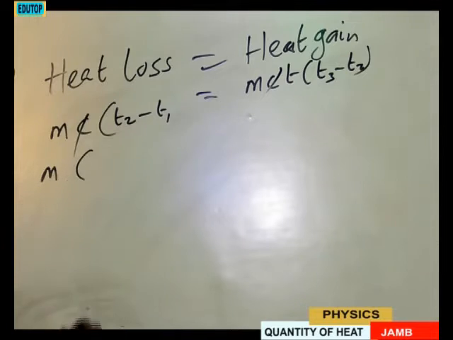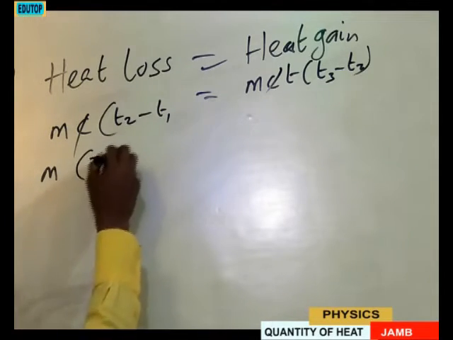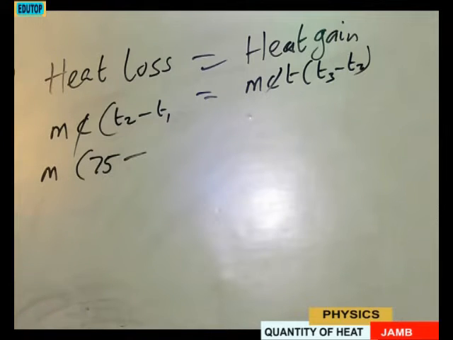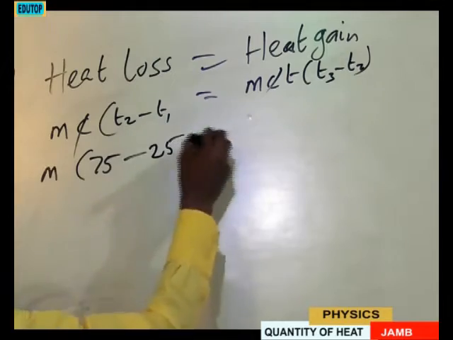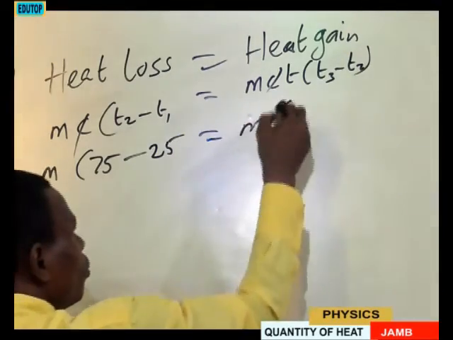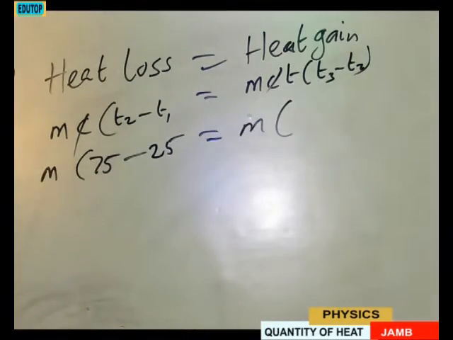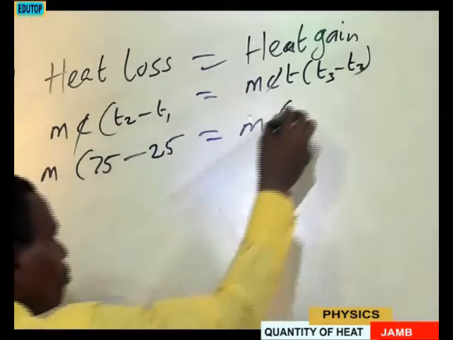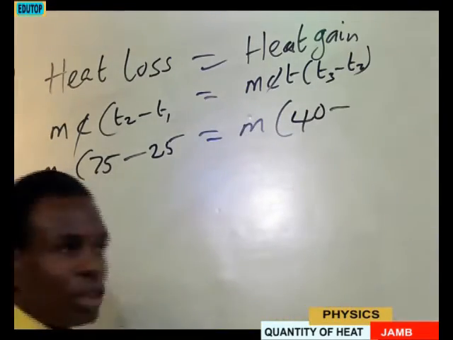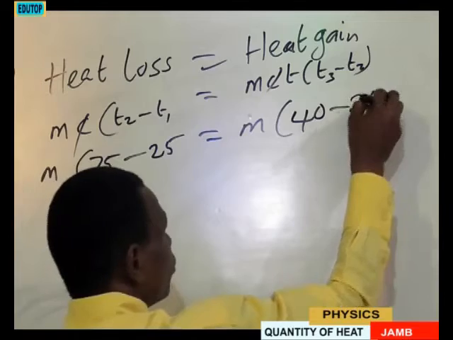Then we are going to have the temperature, which is 75 minus 25, will be equal to 40 minus 25.